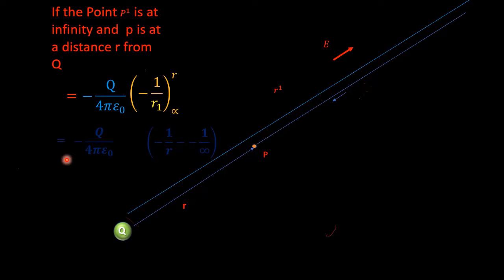The total work done in bringing the charge from infinity to the point P is minus Q by 4 pi epsilon 0 into minus 1 by R minus 1 by infinity. You know the value of 1 by infinity is 0.